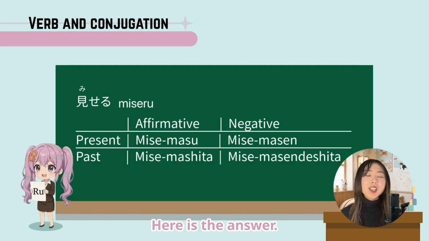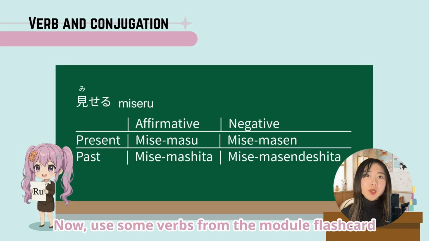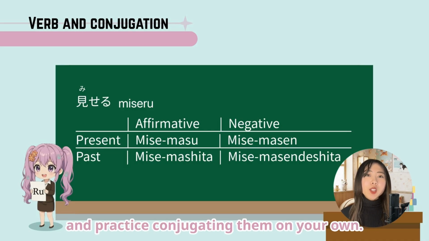Here is the answer. 見せます。見せません。見せました。見せませんでした。Now, use some verbs from the module flashcard and practice conjugating them on your own.